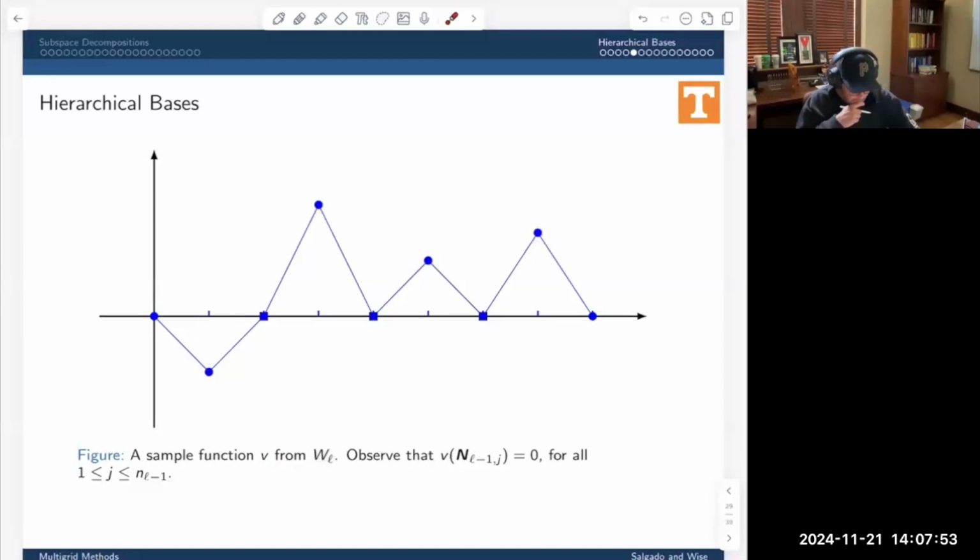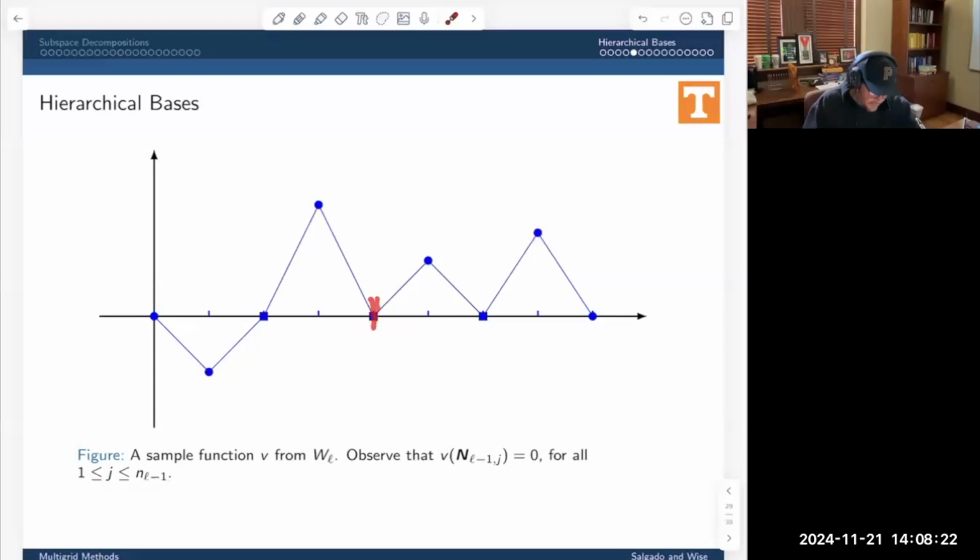So what WL are we looking at here? Well, it depends on where we start counting. But if this is 0 to 1, then level 0 has 1 node, level 1 has 3 nodes, and level 2 has 7.